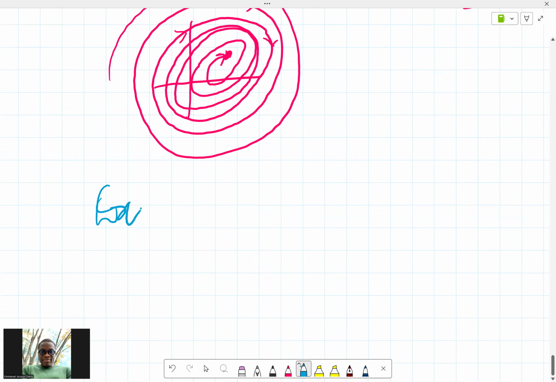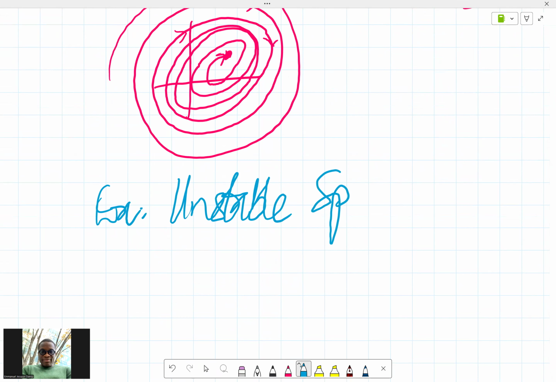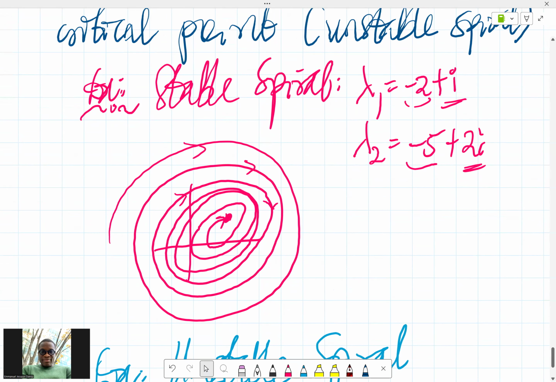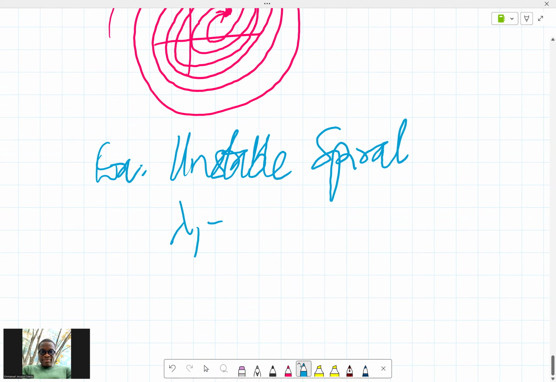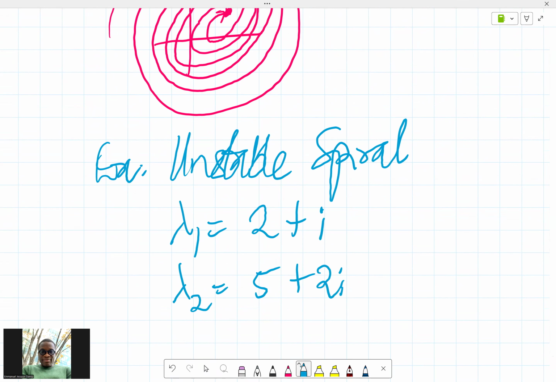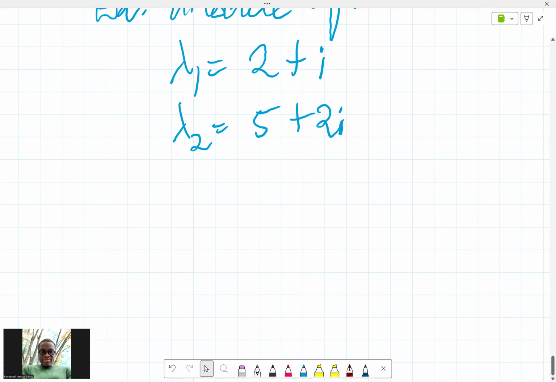On the other hand, we can have an unstable spiral. Maybe now lambda 1 is equal to 2 plus i, and lambda 2 is 5 plus 2i, or whatever, as long as it is complex. And this is the critical point.